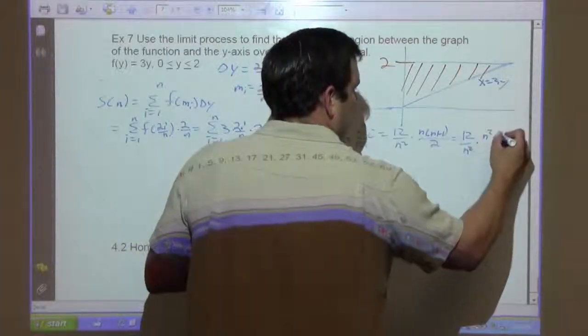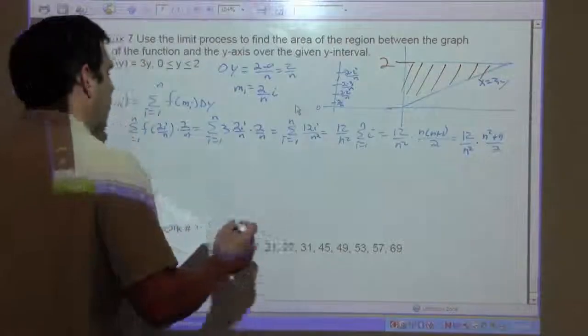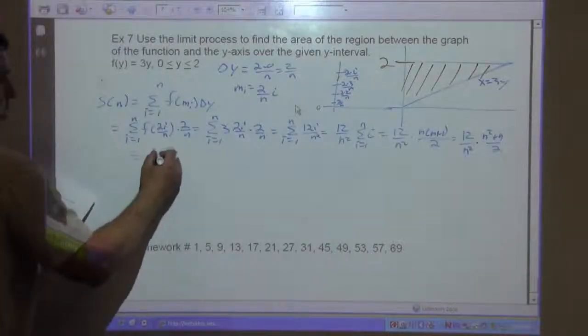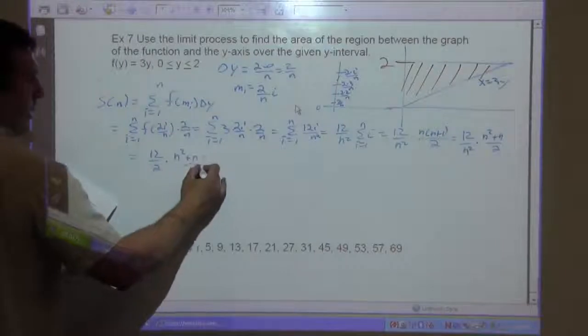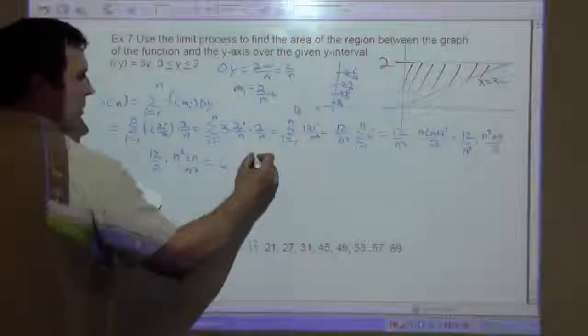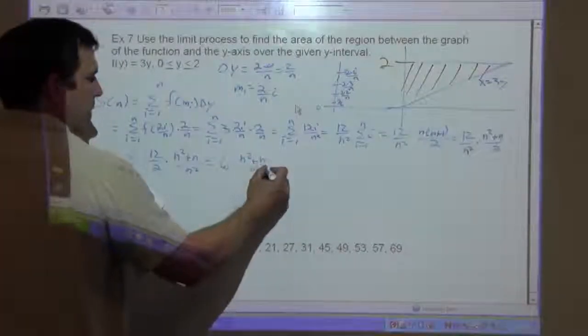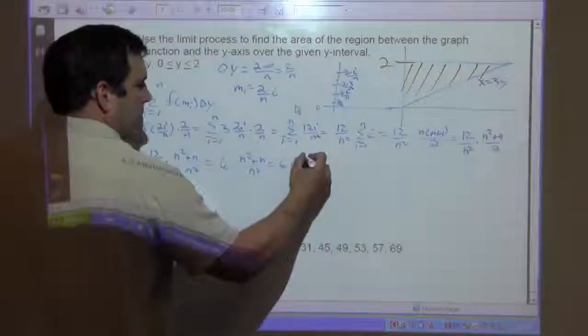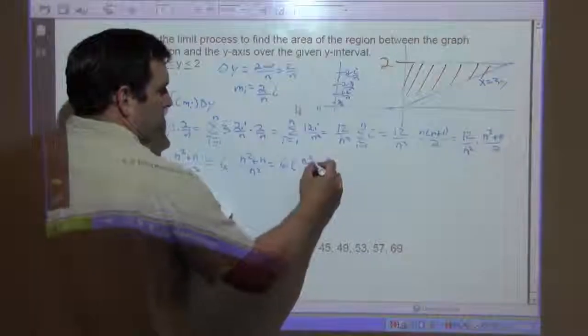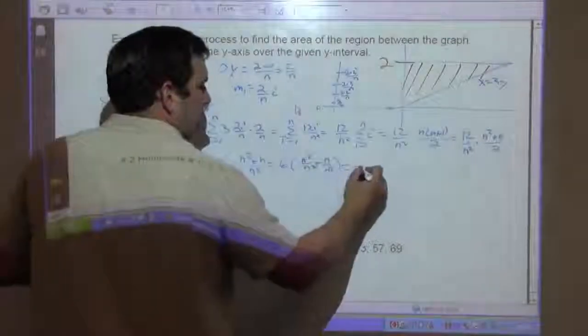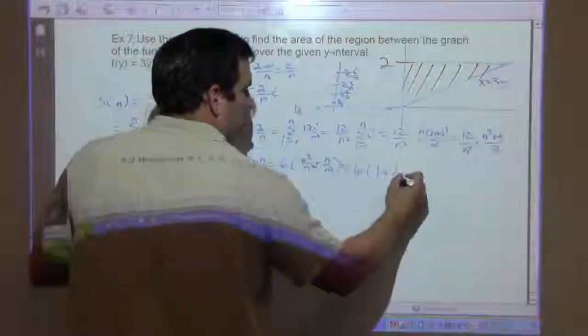That's n squared plus n over 2. So we have 12 over 2 times n squared plus n over n squared. That's 6 times n squared plus n over n squared, which would be 6 times n squared over n squared plus n over n squared. Squared down below. 6 times 1 plus 1 over n.